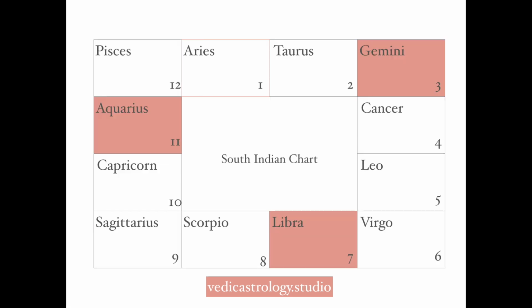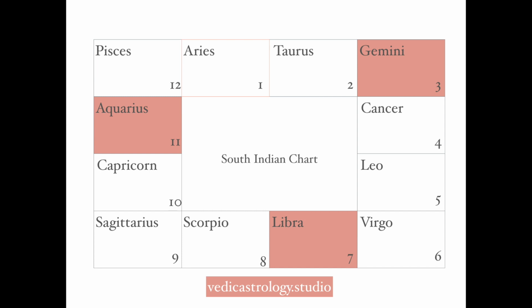Artha. The 3rd house is Kama houses. Kama means desire. Those are Gemini, Libra, and Aquarius. Houses 3, 7, 11. These are the Kama houses. These are the houses of desire. Usually we fulfill our desires through other people.